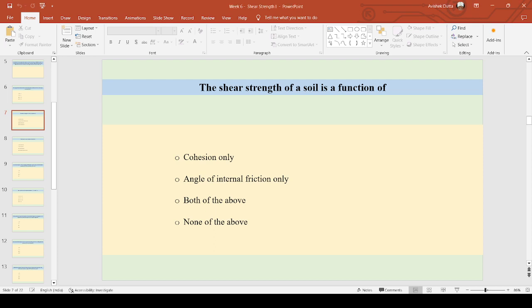I repeat, the shear strength of a soil is a function of cohesion only, angle of internal friction only, both of the above, or none of the above. Okay. Next question.